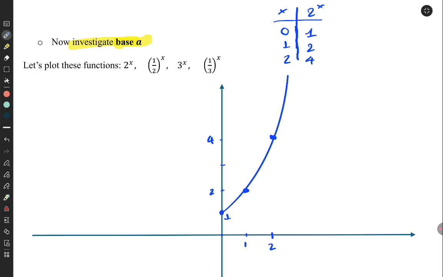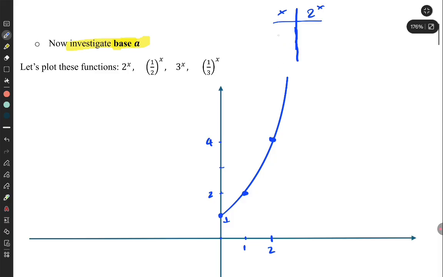It feels incomplete. What happened here? This is where you pick negative x. We did 0, 1, 2, so let's pick negatives. If I have negative 1, negative 2, negative 3, what do I have? 2 to the power negative 1, and we just did the math, if the exponent is negative it becomes 1 over 2.